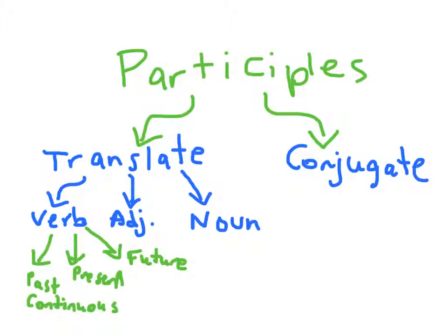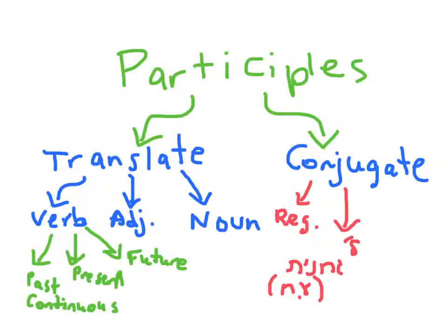We learned how to conjugate them when we're dealing with a regular shoresh, when we're dealing with a lamed gronit, a final guttural, particularly an ayin or a chet as the last letter of the shoresh. We also saw how to conjugate participles when there is a hey as the last letter of the shoresh.